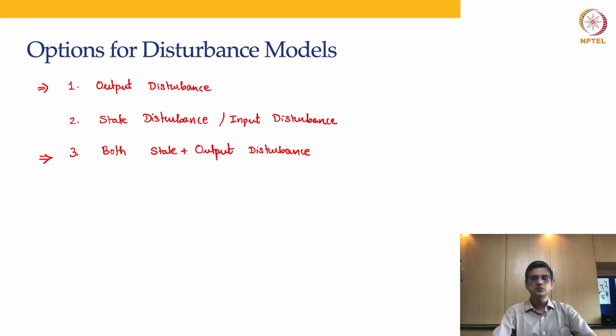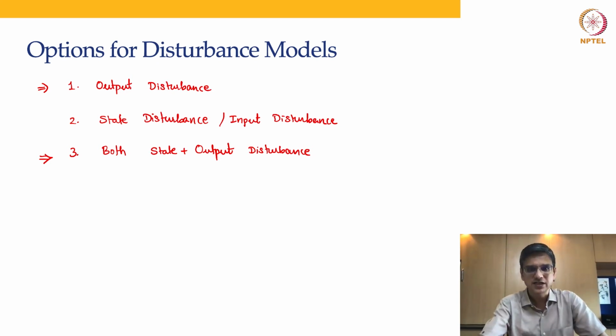The output disturbance model, of course, is typically a safe choice, but there are better choices, and the state disturbance model indeed provides better choices with respect to performance, with respect to clarity of how we can think and design a controller. The output disturbance model is the most clear and the most straightforward one for all cases, with the exception of inferential control. We'll talk about inferential control in a couple of lectures later.